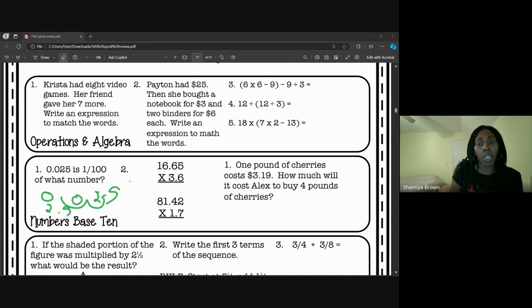It's just a multiplication problem. So I'm multiplying 16.65 times 3.6. I need to rewrite this. I need to make this a little bit smaller.